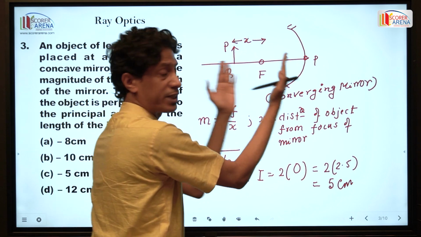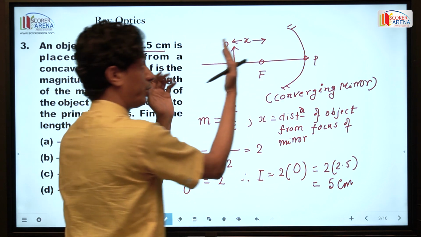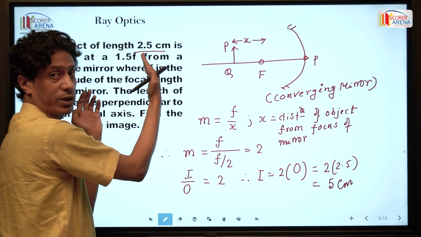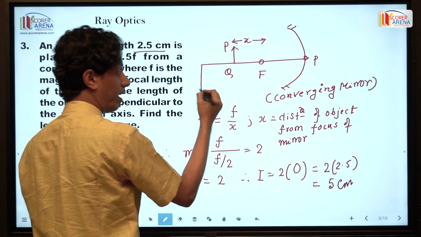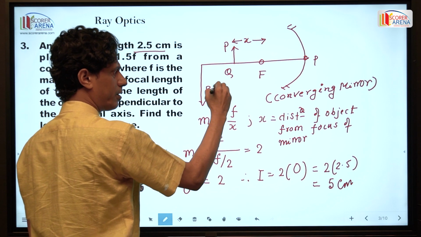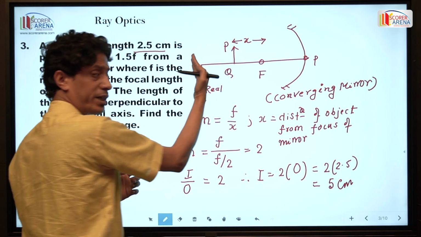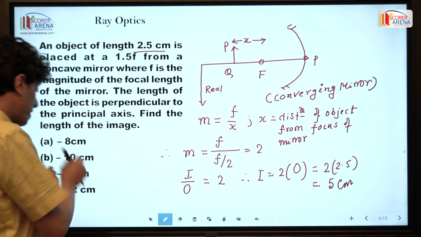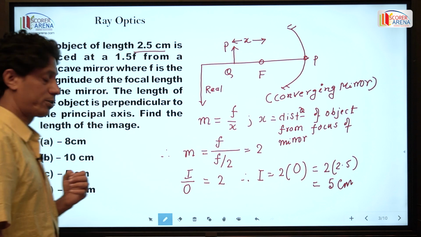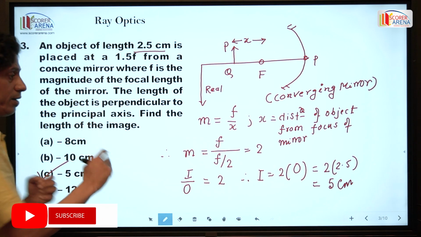When any object is placed outside the focus, the image formed is real and this image is inverted. So minus sign here, the image is inverted. So right option here is C.